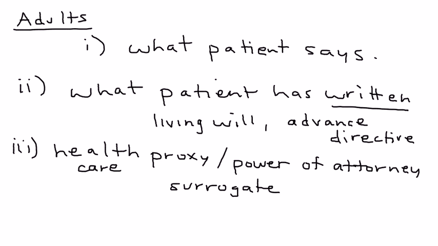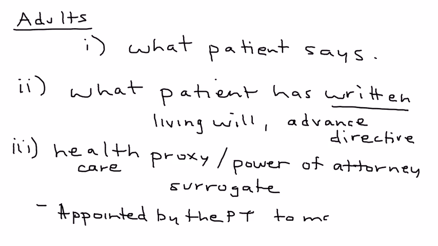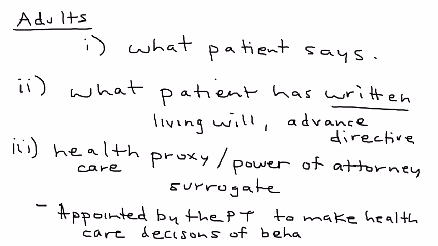Whatever the term is, basically this is a person that has been previously appointed by the patient to make healthcare decisions on their behalf, on behalf of the patient, if the patient is unable to do so. So patient is intubated, patient is unable to speak, patient does not have anything written, then you go to number 3. Who's that healthcare proxy, surrogate, power of attorney?